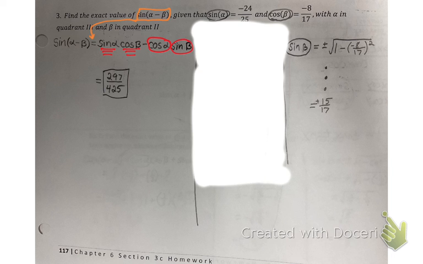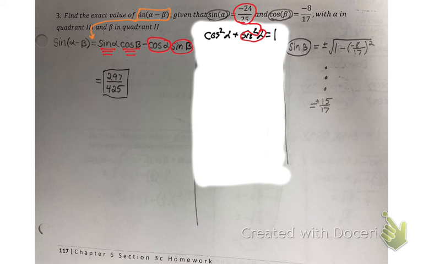Okay, so if I'm looking for cosine alpha, cosine squared alpha plus sine squared alpha equals 1. I'm going to need a little help on this one, so if someone has a calculator handy, you can help me out. So we know that sine alpha equals negative 24 over 25. Notice how I'm careful not to circle that square because I don't want to replace that squared. That squared stays there.